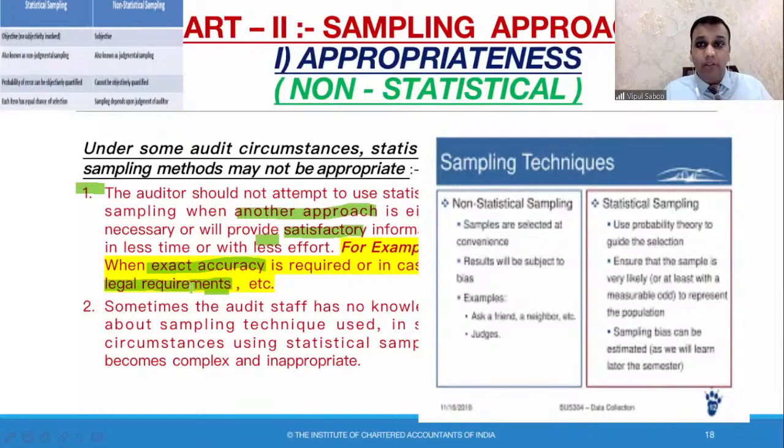We apply a principle, but as per the directions of RBI, there is a certain percentage fixed by RBI, and you have to check at least all loans of a value more than this specified percentage. You have to check all such loans.